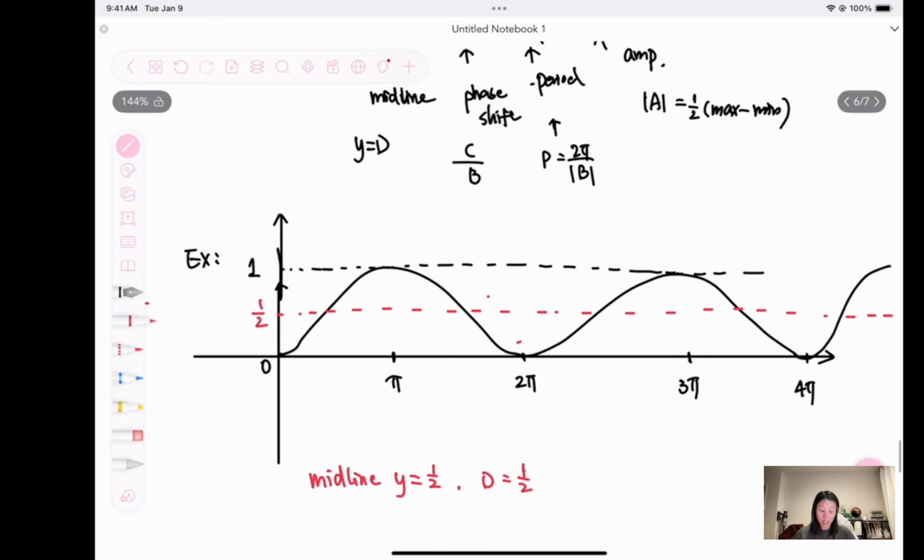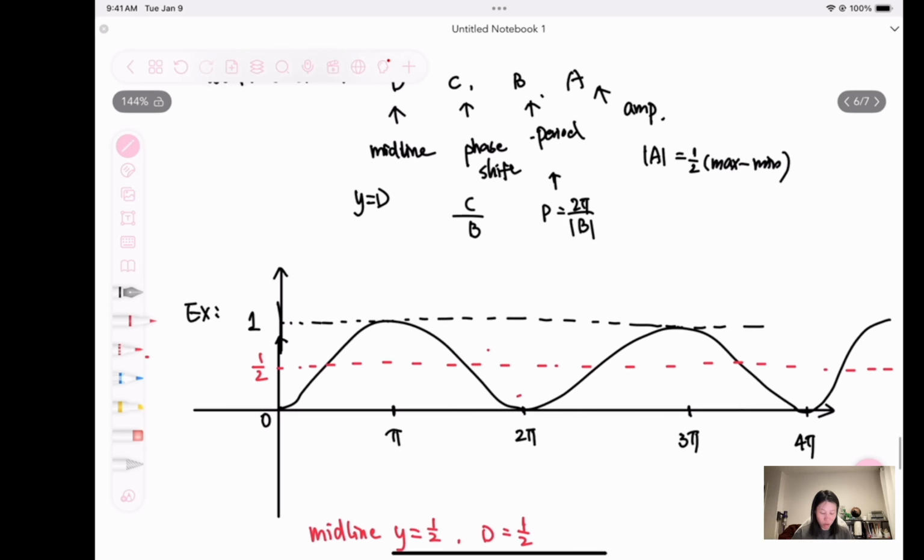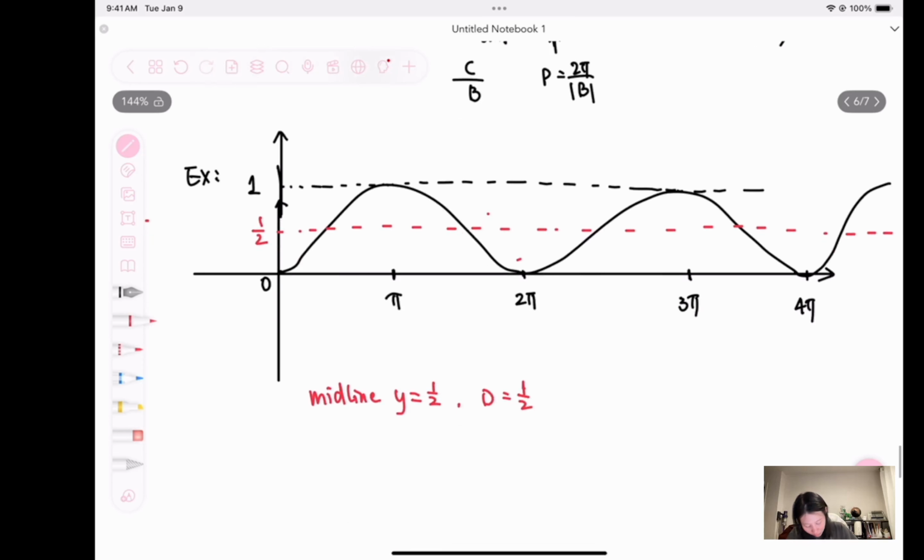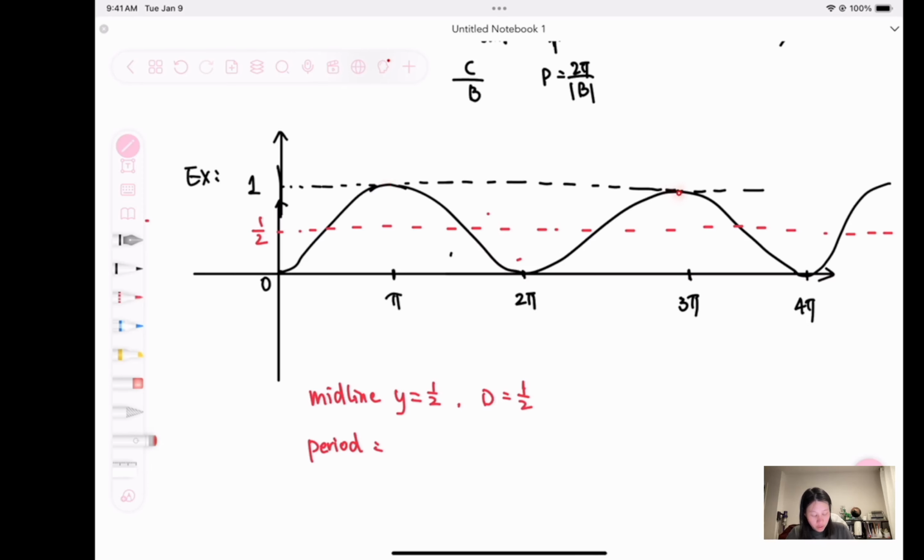Now the next is the phase shift. That one is harder. Let's find the period first. By observing the graph, you can find the period by looking from the highest point to the highest point, or the lowest point to the lowest point.